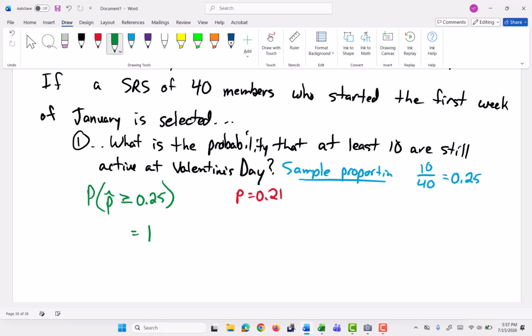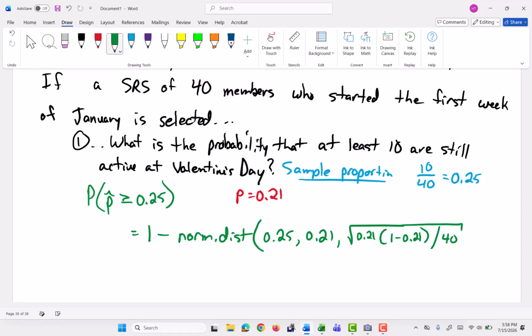So this is going to be 1 minus norm dist, the 0.25, with a mean of 0.21 and a standard deviation of the square root of 0.21 times 1 minus 0.21, close the parentheses, divided by 40, then of course true, and close that parentheses. So let's go to Excel and type this in.